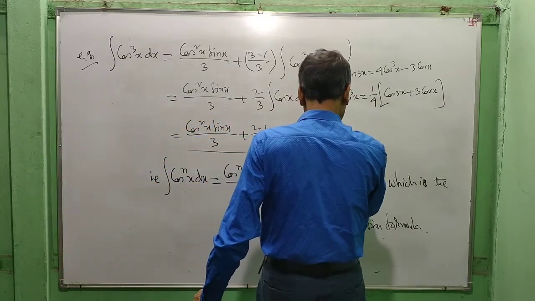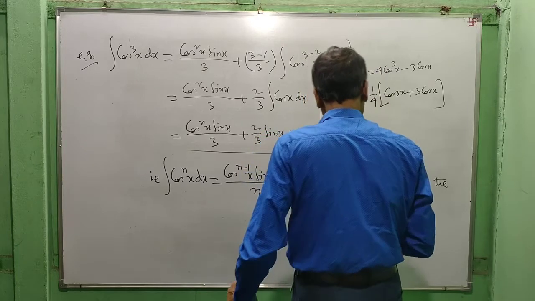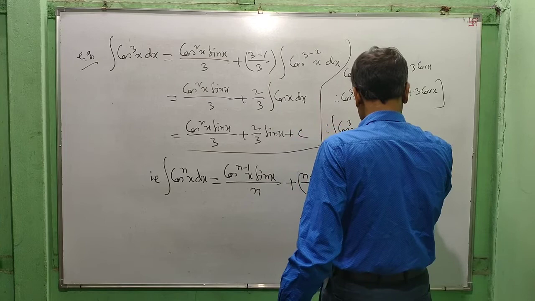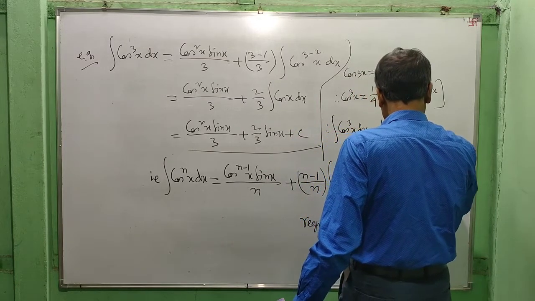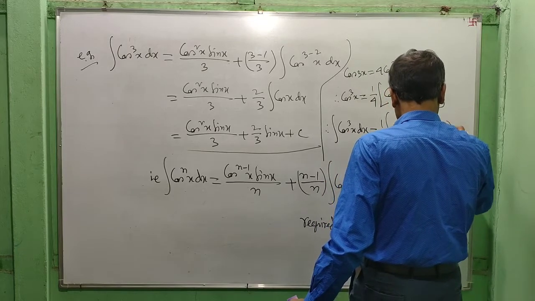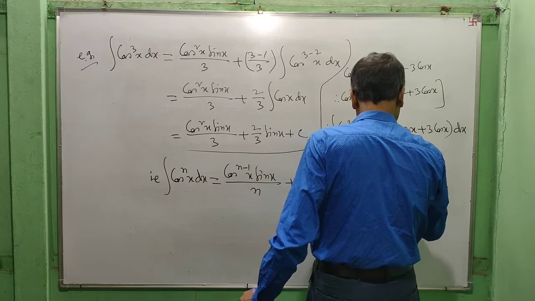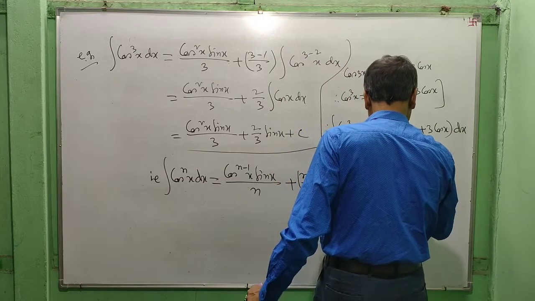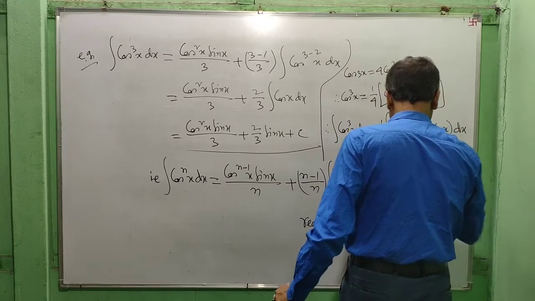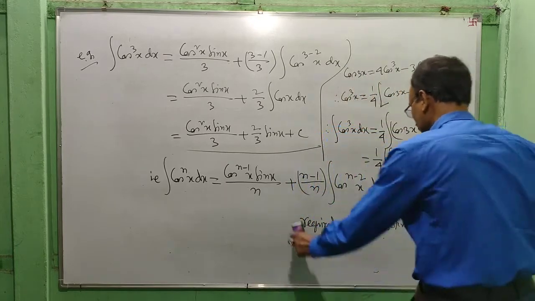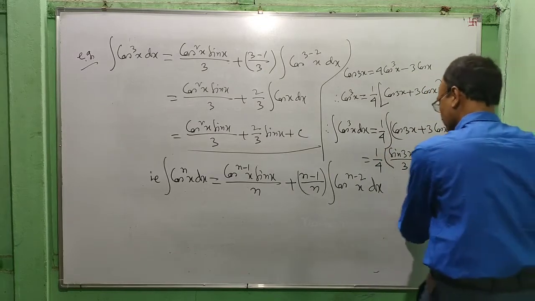This means integration cos cube x dx will be equal to 1 by 4 integration of (cos 3x plus 3 cos x) dx, which equals 1 by 4 (sin 3x divided by 3 plus 3 sin x). You will get this one.